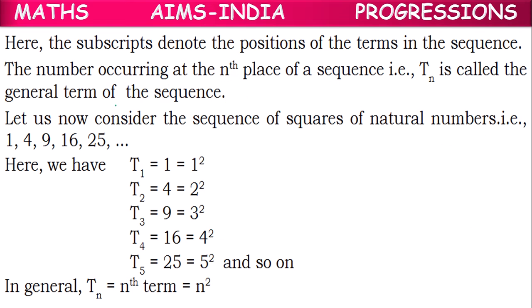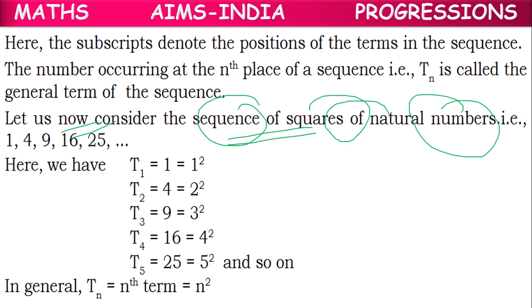So let's see how we can find any term. Let's take this example. Let us consider a sequence of squares of natural numbers. We are going to take a sequence consisting of squares of all natural numbers. Means we have natural numbers 1, 2, 3, 4, 5 and so on.